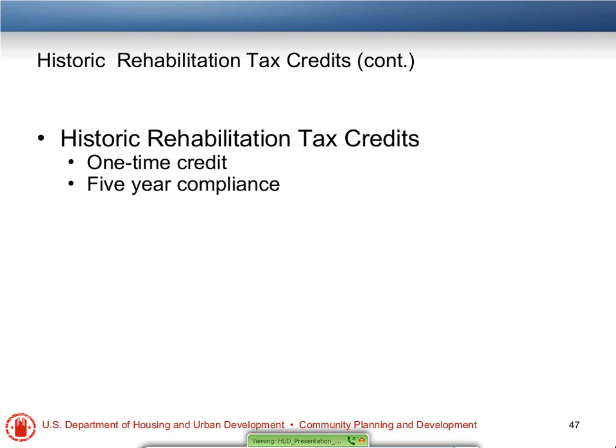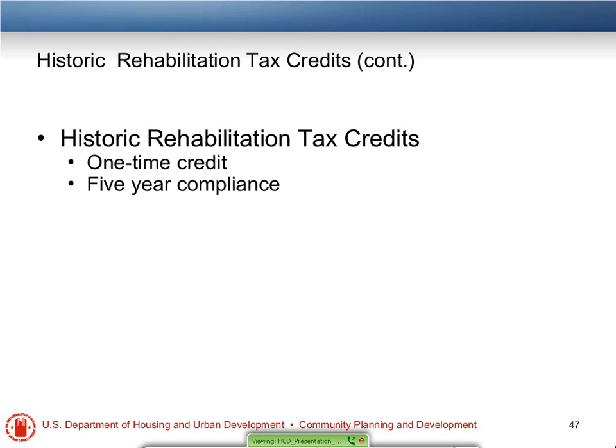The historic credit, we mentioned, is a 20% one-time credit. It is taken in the year that the building is placed in service, so that you get your certificate of occupancy on the project. That's when you can take the credit. It does require a 5-year compliance period, so the ownership of the building can't change for 5 years without recapture of a portion of the tax credit.